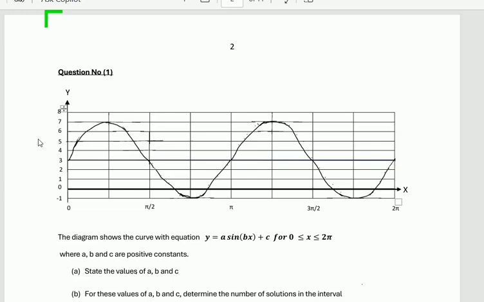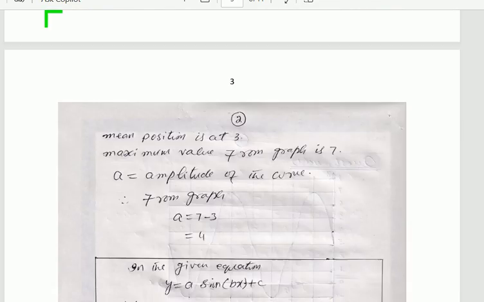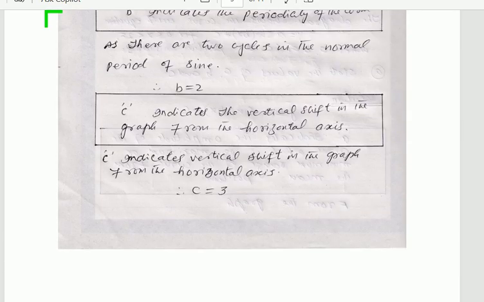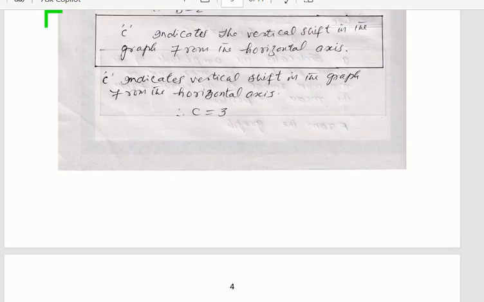We check that our graph starts from y = 3, so the shift is 3. The value of c is equal to 3. You can see that from the horizontal axis, our graph starts from y = 3. This is the shift, equal to 3.